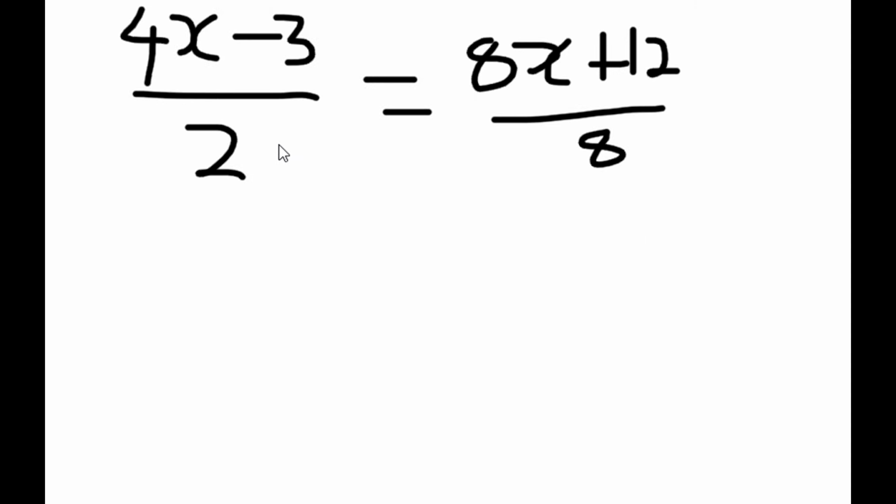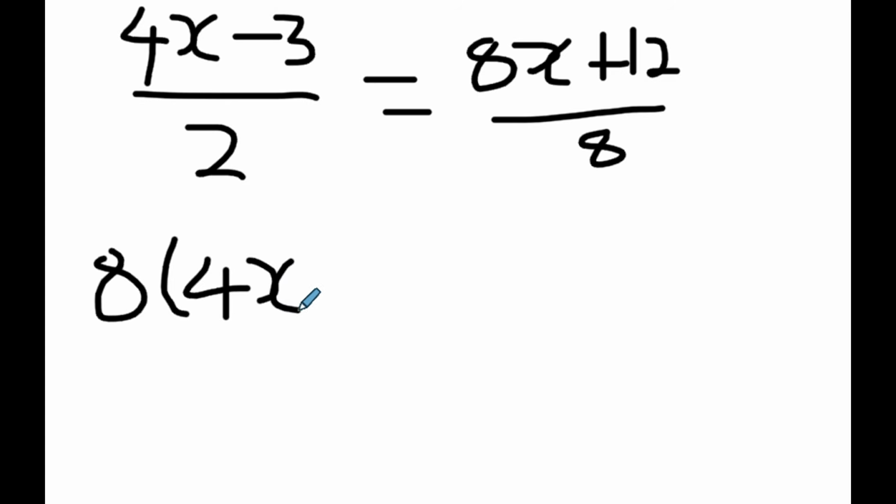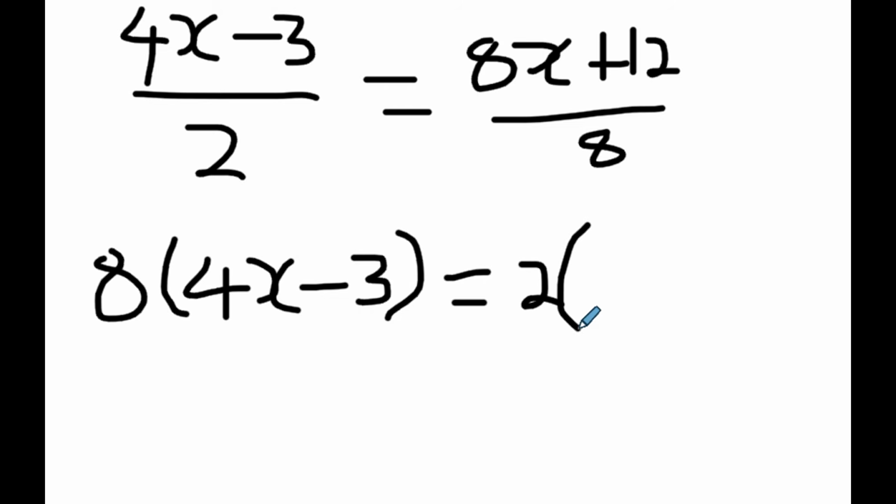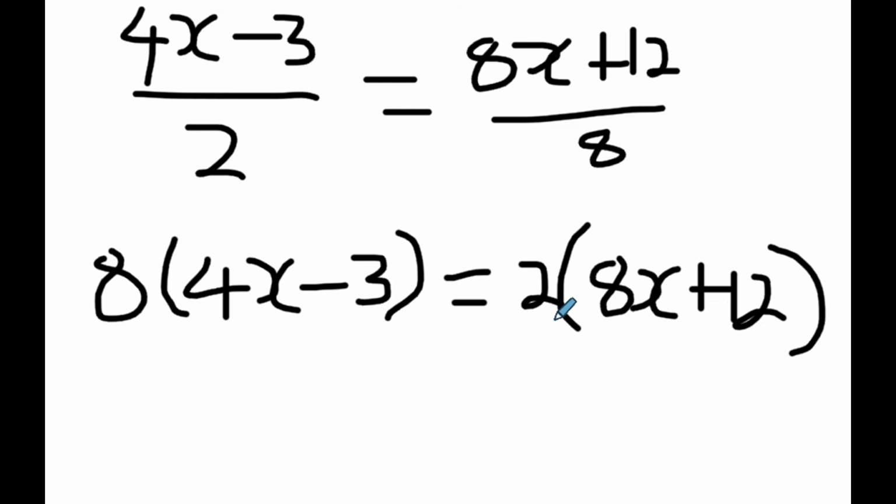Now if I cross multiply, I have 8 bracket 4x minus 3 equals 2 bracket 8x plus 12, and I close my bracket.